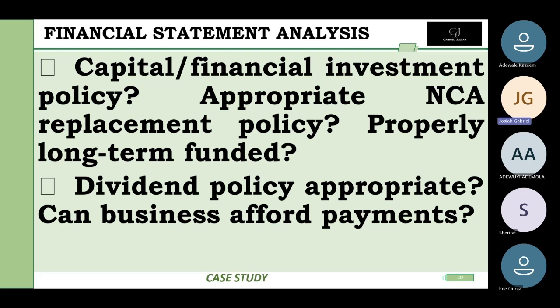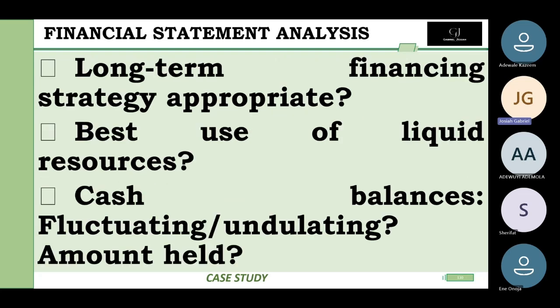These are things you should link between the cash flow and the statement of comprehensive income. Also, the long-term financing strategy, is it appropriate? And the best use of liquid resources are areas you should look at. And cash balances, are they fluctuating or reducing? What is the amount held? What is the minimum amount held?